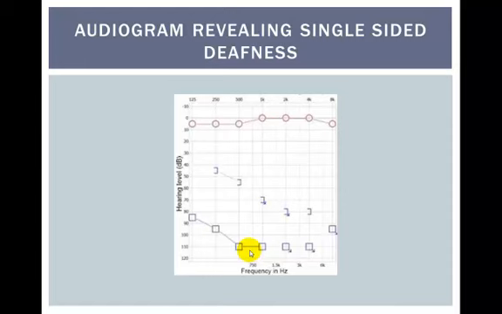Basically, you would have a hearing aid and an ear mold in the right ear, and you would only have a behind-the-ear hearing aid, with no ear mold, in the left ear. Here's the concept: the microphone on the left picks up the sound, wirelessly sends it to the right, and delivers it to the right ear. That's the concept.